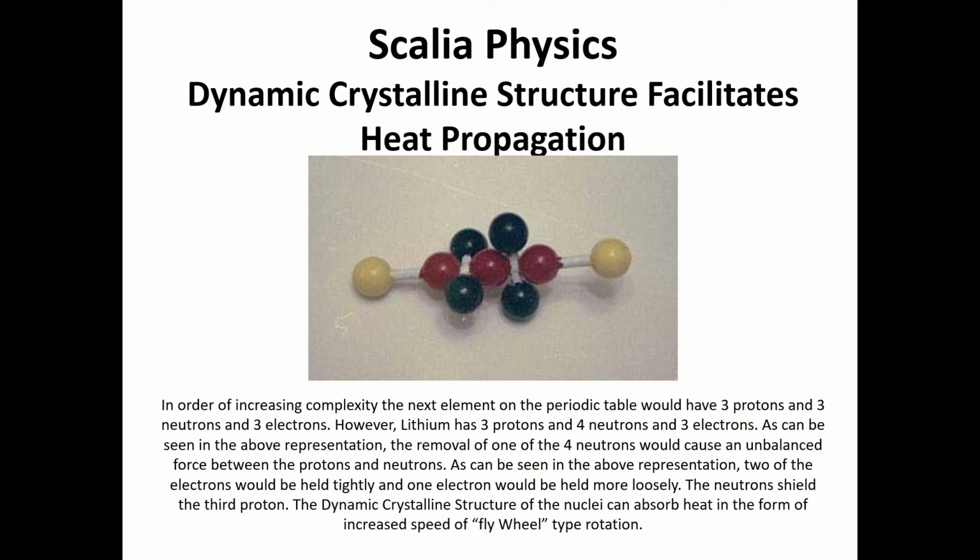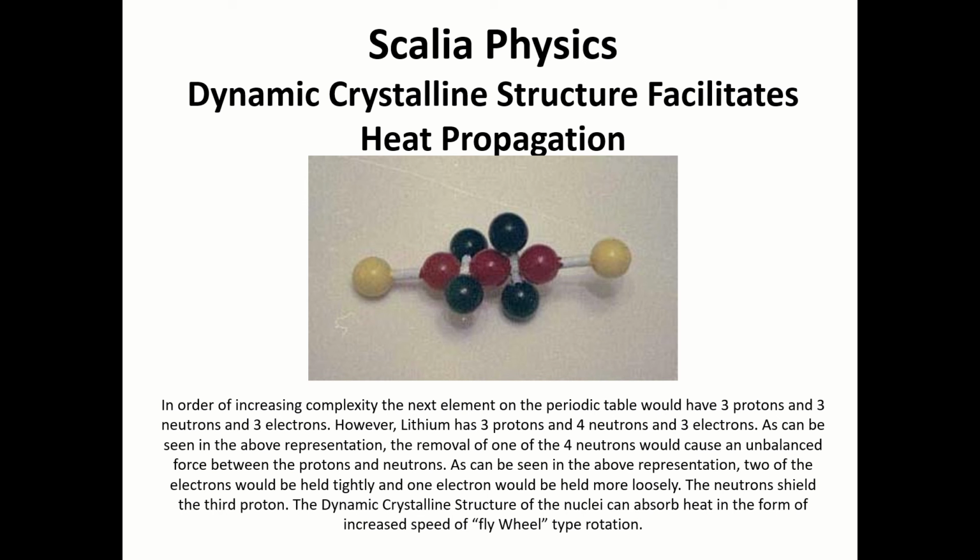This is lithium, and you can see that the four neutrons can orbit in the vertical axis, and the 2 outside protons can orbit in the horizontal axis, and the third proton is basically shielded by the neutrons.